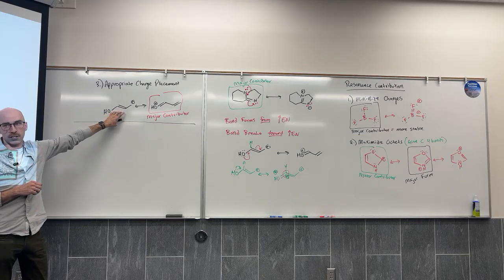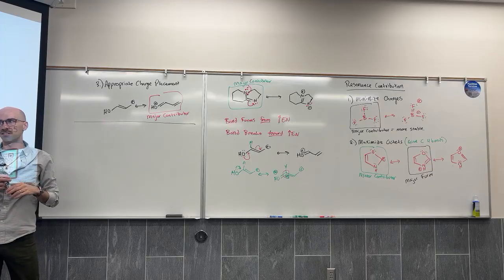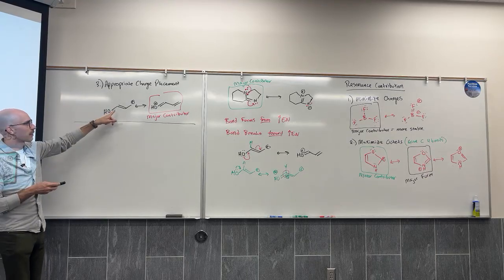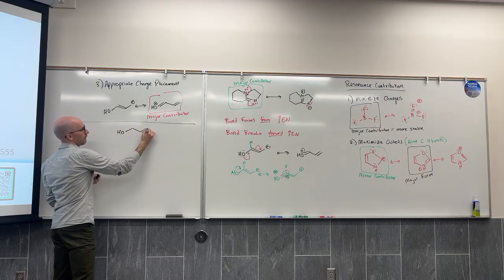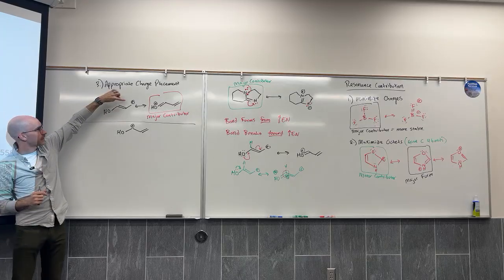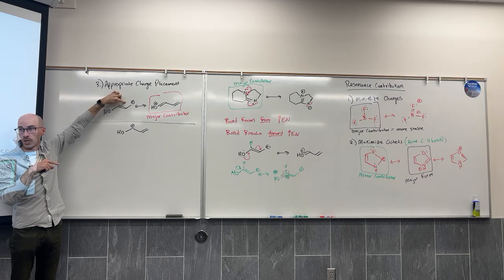But the molecular orbital diagram of this would say that positive charge is not just on oxygen. There's actually a resonance form we didn't draw here. There's this resonance form as well. Look at this 3-atom system, 1, 2, 3. It has a pi bond and a charge.